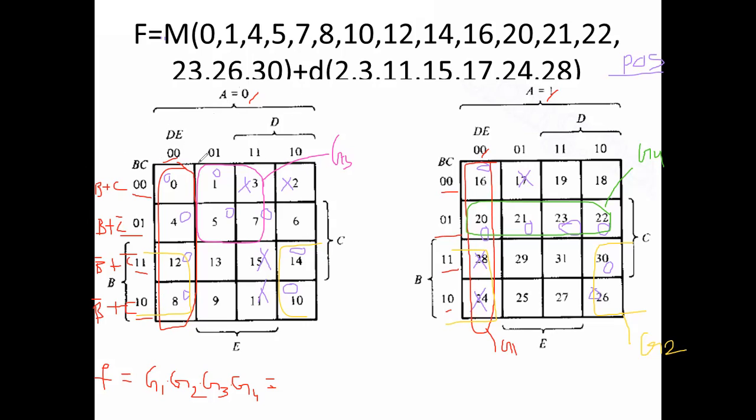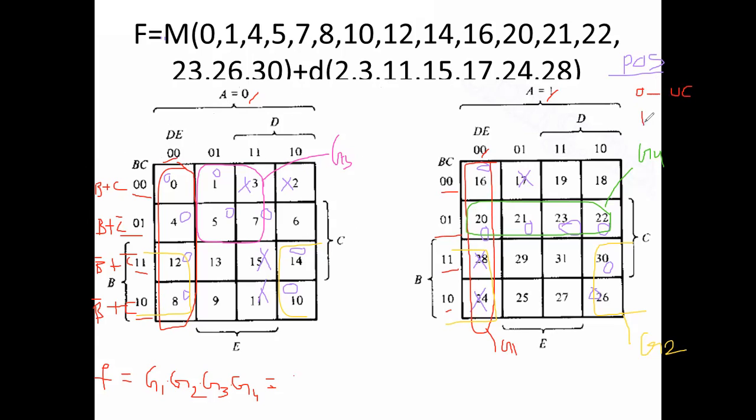So D only, 0, 0, one combination. One thing you remember: if 0 is the variable value, then that will be taken in uncomplemented form.